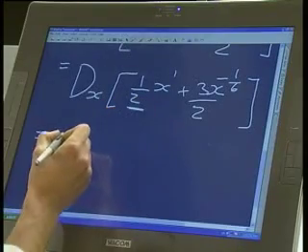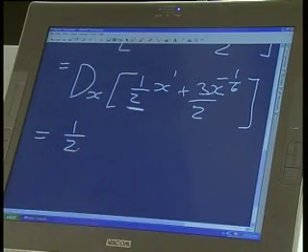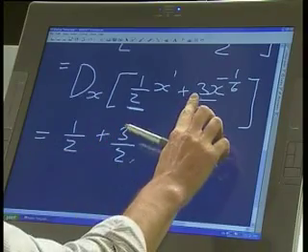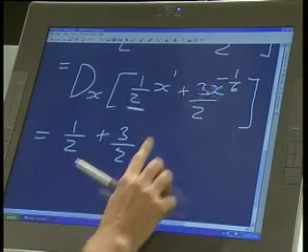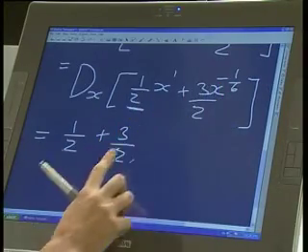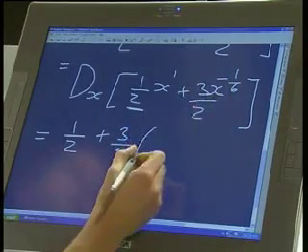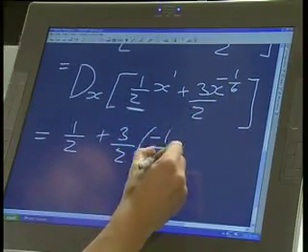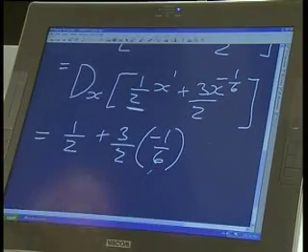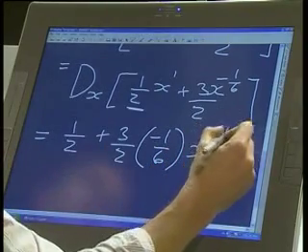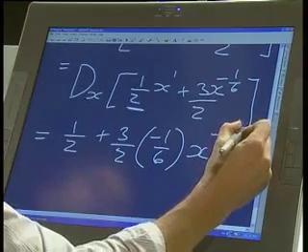Right, so if you just have an x to the power of 1, remember you just take your coefficient. So the first answer is 1/2. And the second answer is plus 3/2, and it's much easier when the 3/2 is separate of the x, because you can see that the coefficient of x in this case is 3/2. And I'm going to multiply it by -1/6. Right? And if you can do that in your head, that's also okay. And then remember what happens to the exponent. You end up subtracting 1 from the exponent.